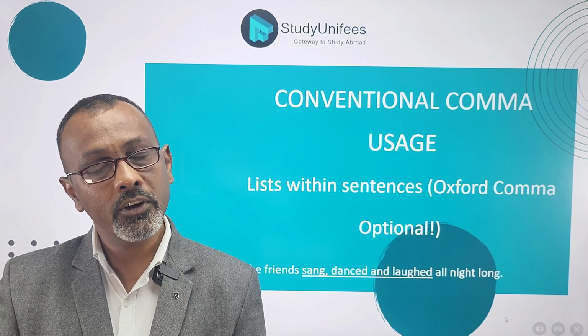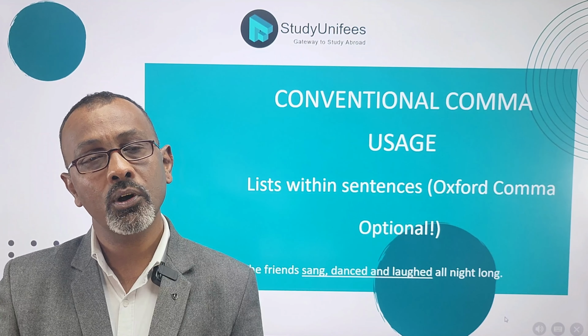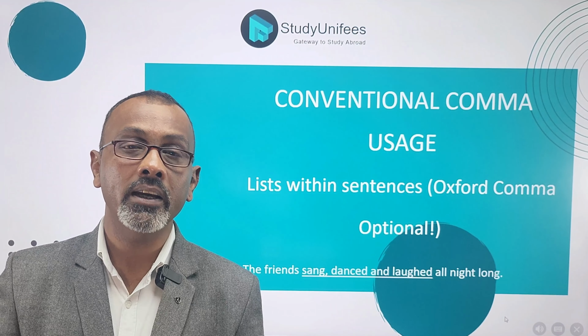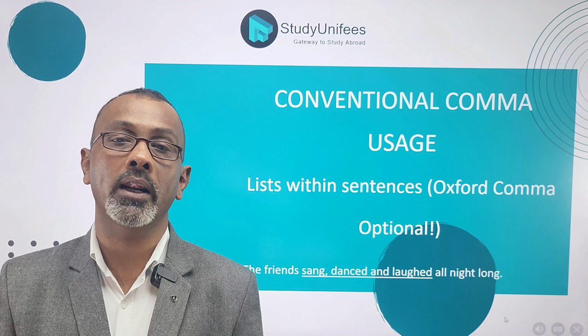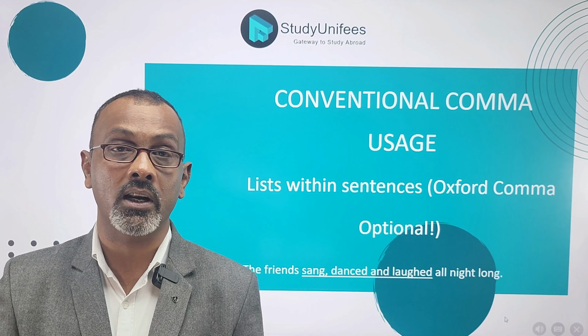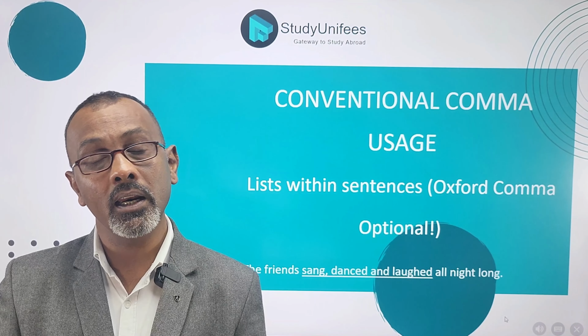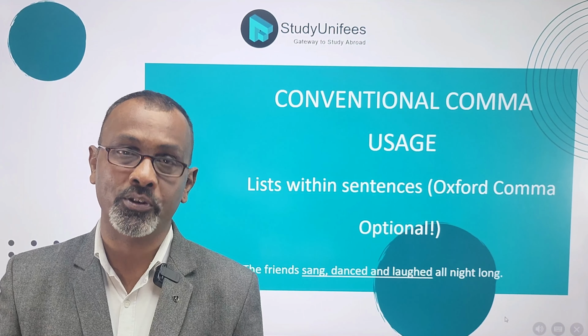Another way in which you can have lists in a sentence is when you have a list of verbs or actions. Look at the example. The friends sang, danced, and laughed all night long. Here the three verbs or actions in the list are sang, danced, and laughed. Here too, the comma before "and" is optional.